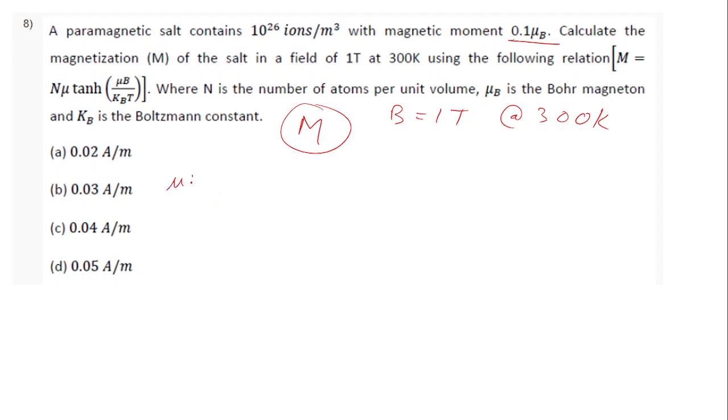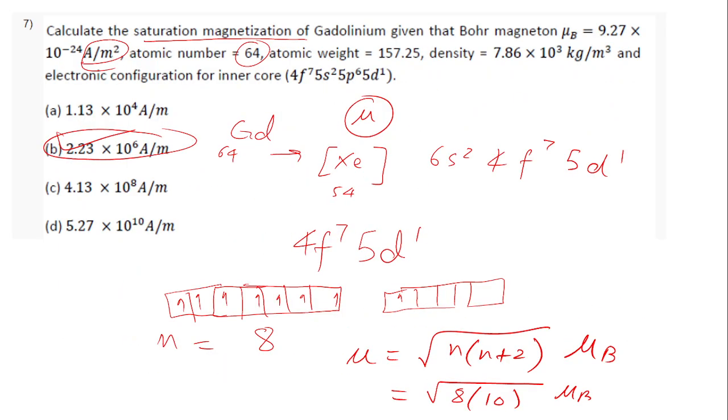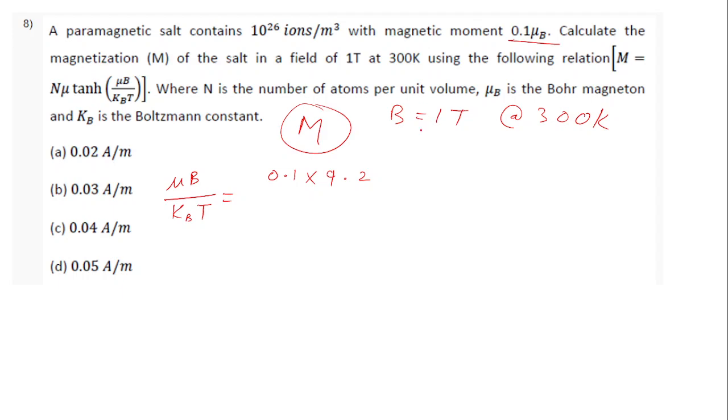First, let's calculate this mu B divided by Boltzmann constant times T. Magnetic moment is 0.1 Bohr magneton, that is 0.1 times 9.27 times 10 to the power minus 24.